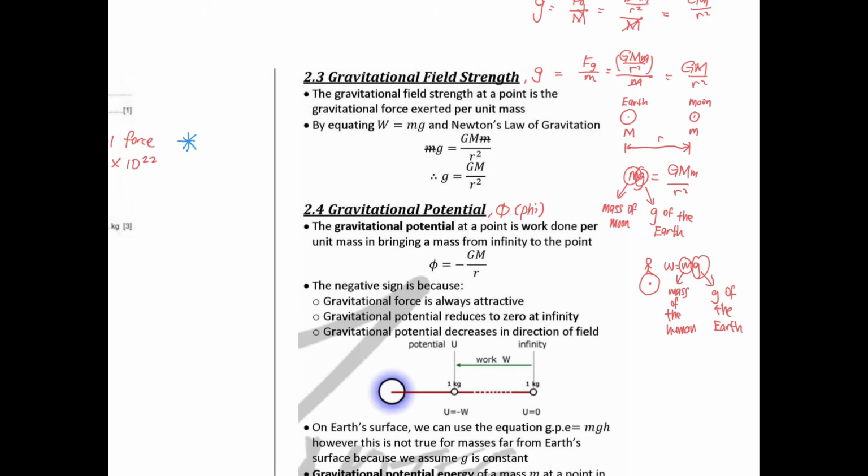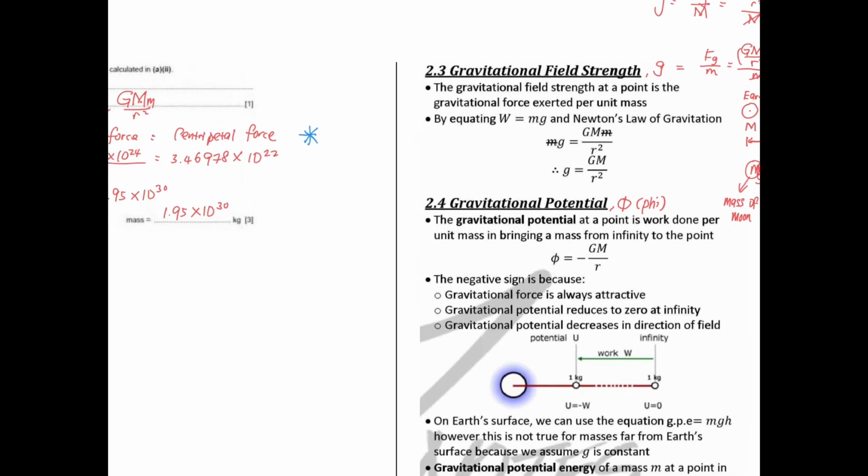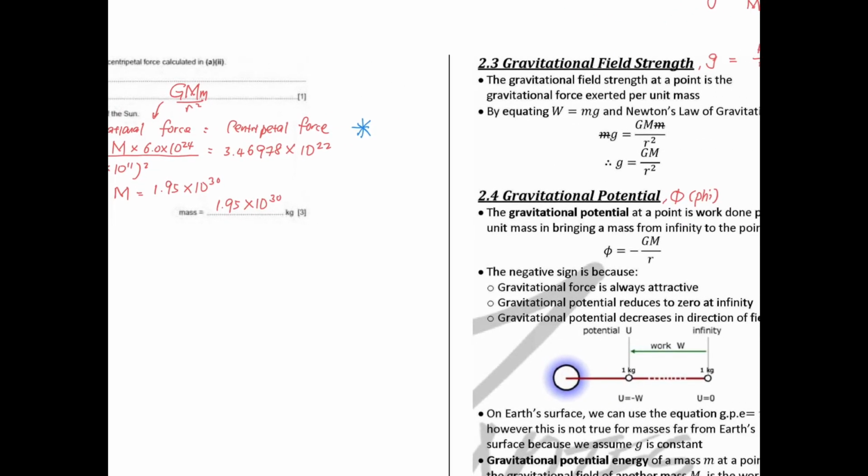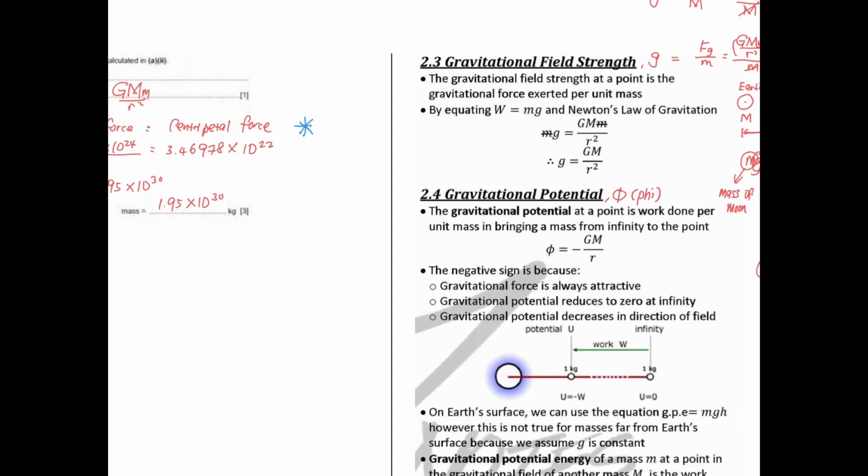Then maybe you're wondering, on the first page, Fg, the gravitational force, equal to GMm over r squared, but this formula has no negative, and gravitational force is attractive also. Why is there no negative there and here we have to put negative?